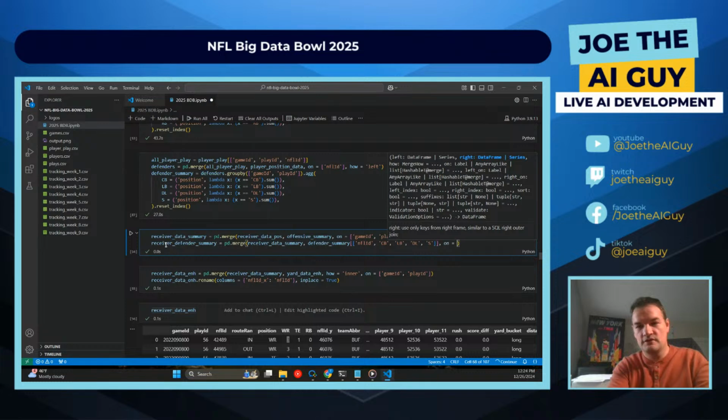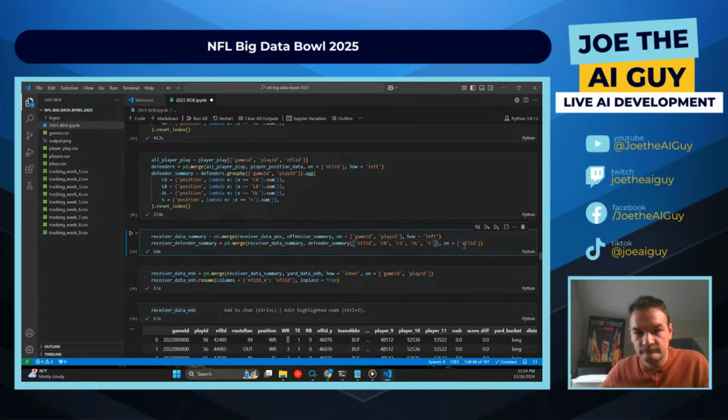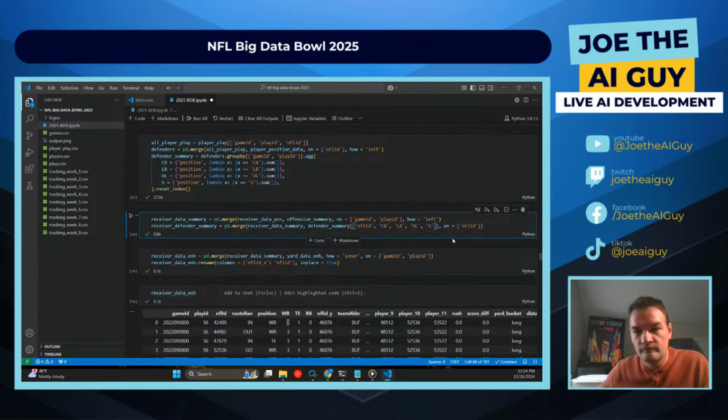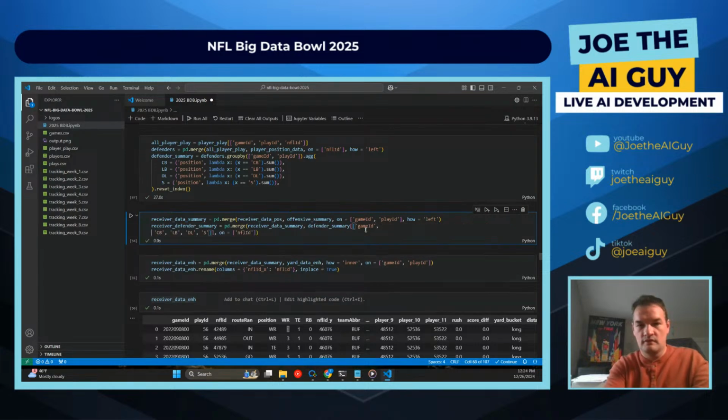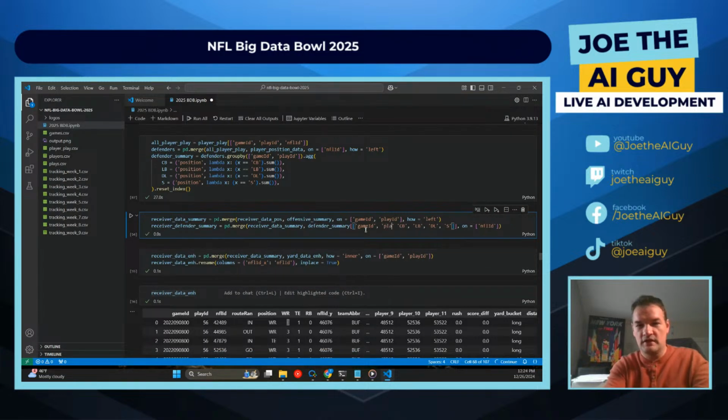On is still going to be that NFL ID. Oh no, what I want to do, I want to do game ID. Go here, play ID.